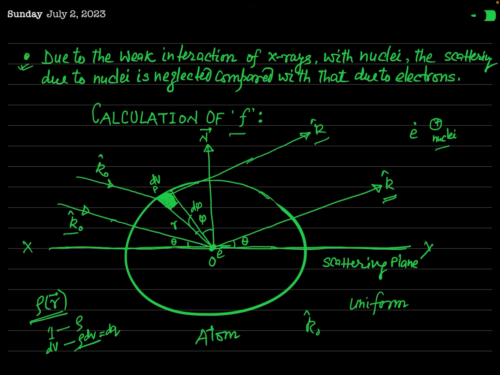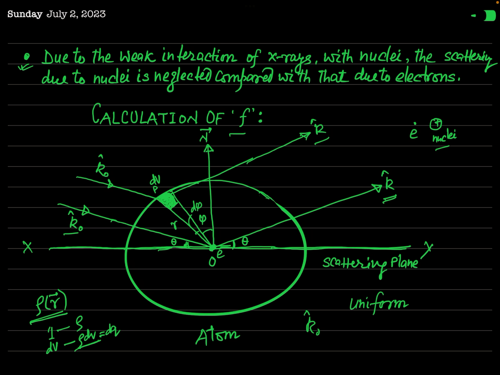This scattering plane is Bragg's plane. And the incident beam, you can see, makes an angle θ with this Bragg's reflecting plane. So this θ is the glancing angle, okay? And this θ is also the glancing angle, okay?